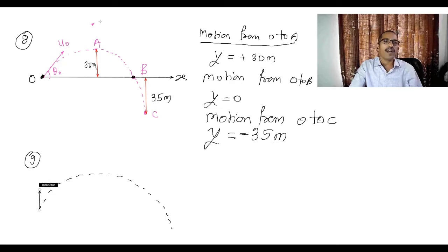As time passes, the vertical component of velocity reduces, again reduces, again reduces, and then it becomes 0 here. Then what happens next? This component is downward. Again it increases in the negative direction.